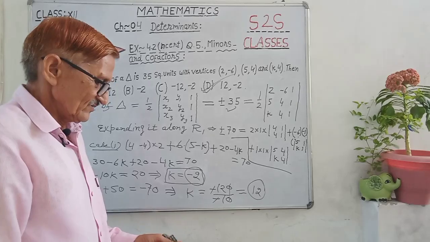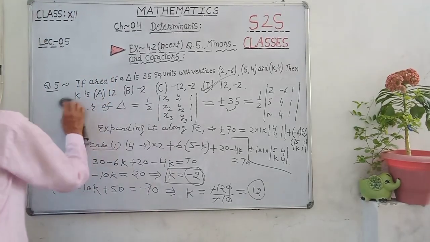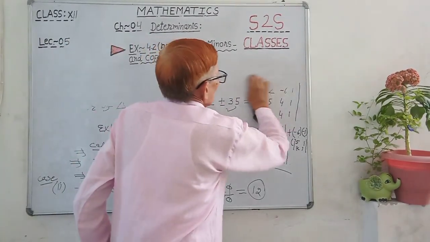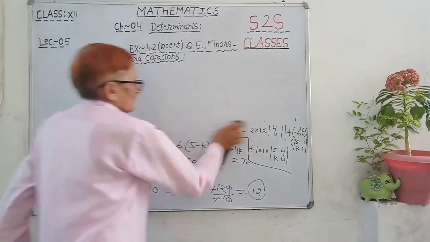Done. Now next, after this minor, this exercise is over. Be careful when you are finding the unknown vertices.